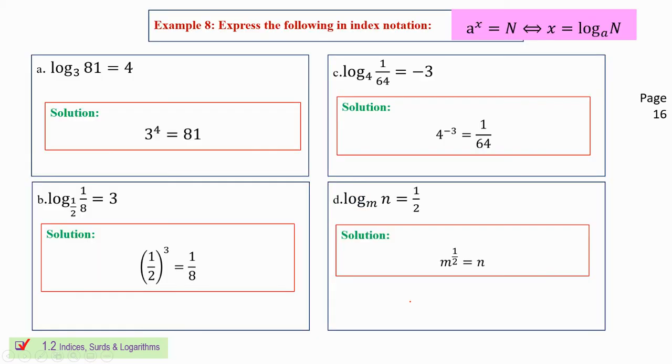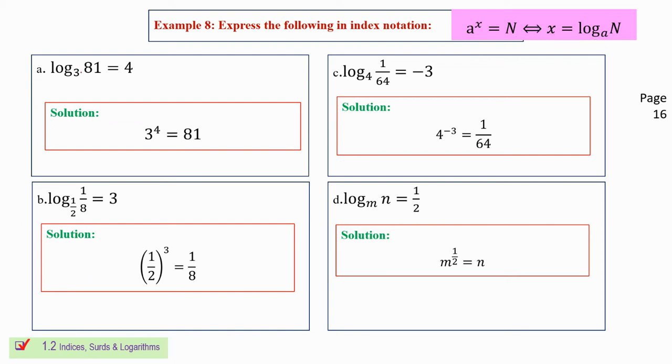Okay. So now we look at the first example in logarithm: express the following in index notation. This one is from the definition of logarithm. a to the power of x equals n is interchangeable with x equals log a n.